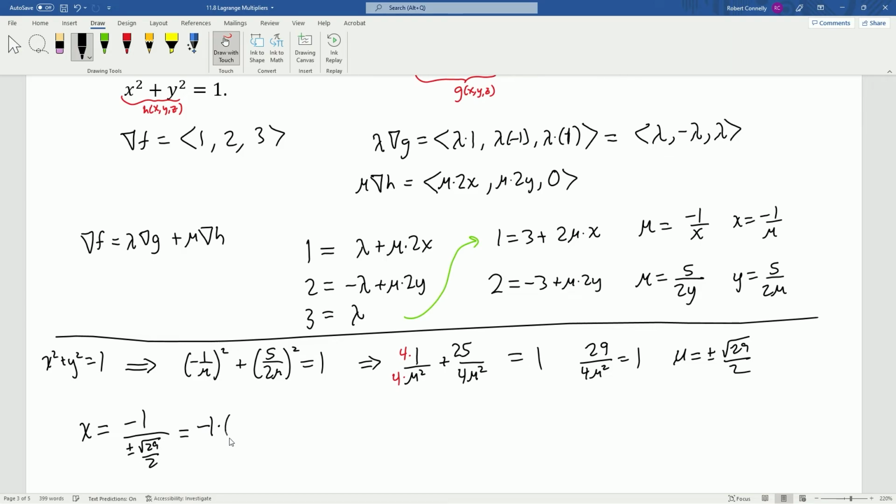So this is negative 1 times plus or minus 2 over root 29. Now, it's important that we keep track of when our variables are going to be positive and negative, because that's dictated by which version of mu we're using. So when mu is the positive version, this x is going to be negative. So we actually need to flip this plus or minus symbol to minus plus.